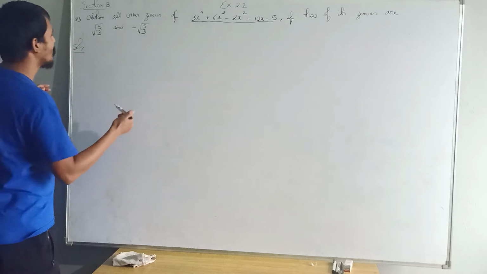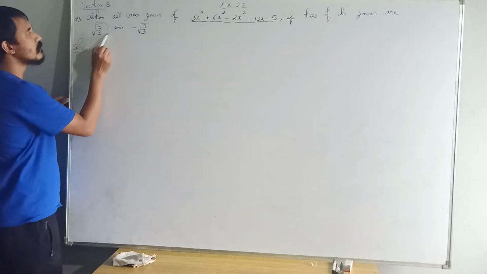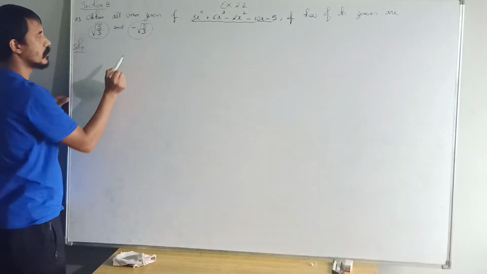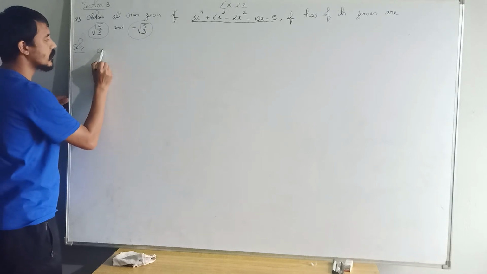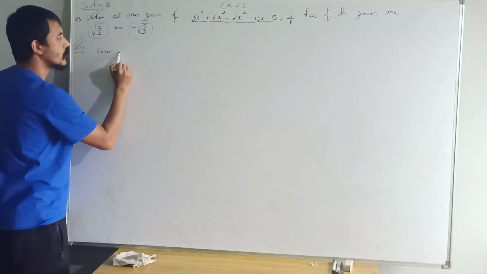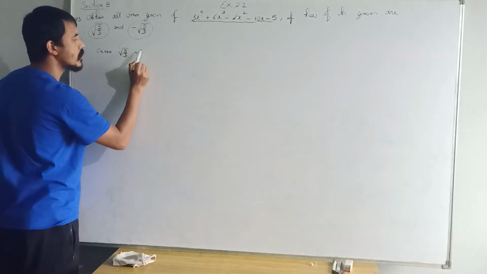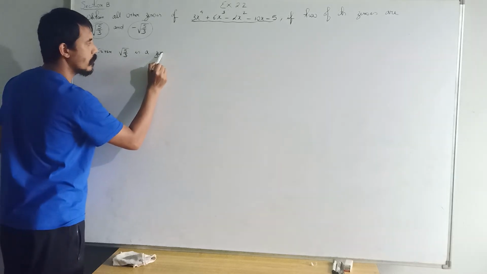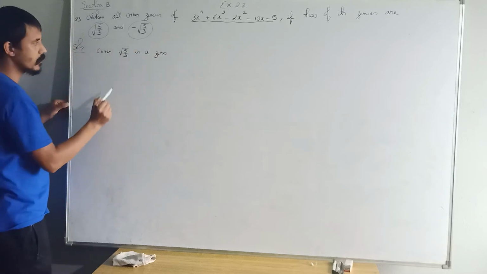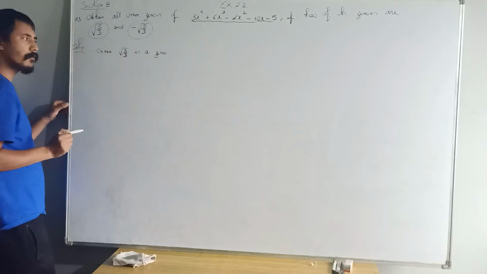Now there are 2 given zeros here. It's given that square root of 5 by 3 is a zero of your polynomial. Therefore, what will be the factor?